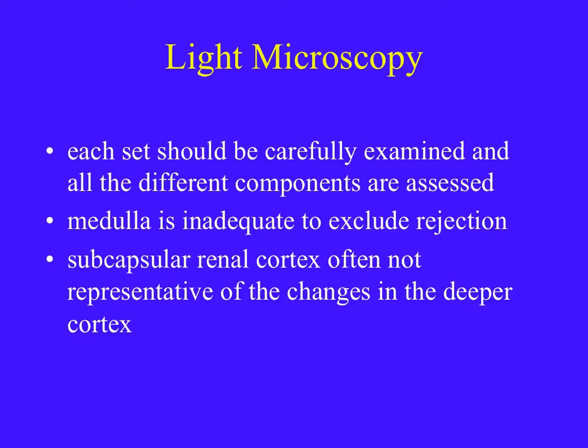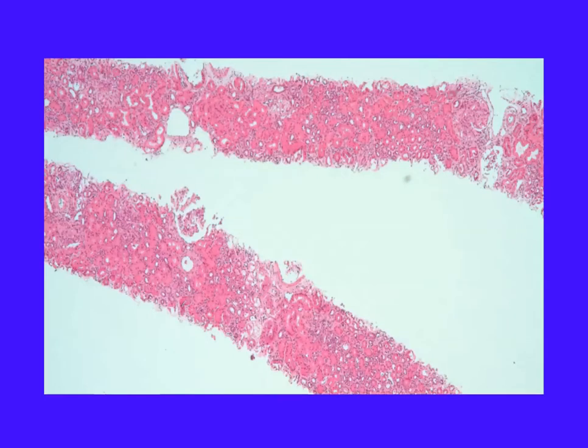You need to remember that medulla is inadequate to exclude rejection. Likewise, subcapsular renal cortex often is not representative of the changes that may exist in the deeper layers of the cortex. This is a nice example here where you can see 2 long cores of renal cortex that contain glomerular structures, but also vascular structures and of course numerous cortical tubules.